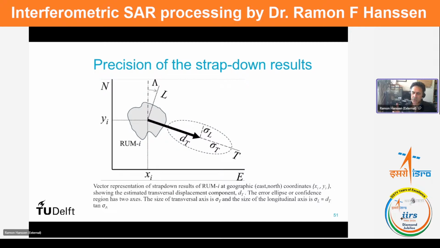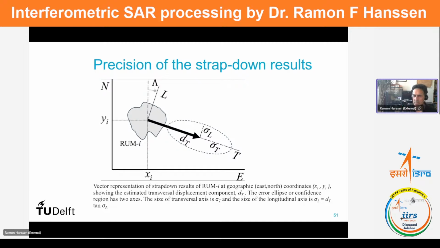So if our uncertainty in the alignment of the frame is poor, then these angles would become bigger. And this brings me to something which is very interesting, I think, because now we go from locally a two-dimensional frame. It's TLN, so transversal, longitudinal, normal, but the longitudinal component is 0.